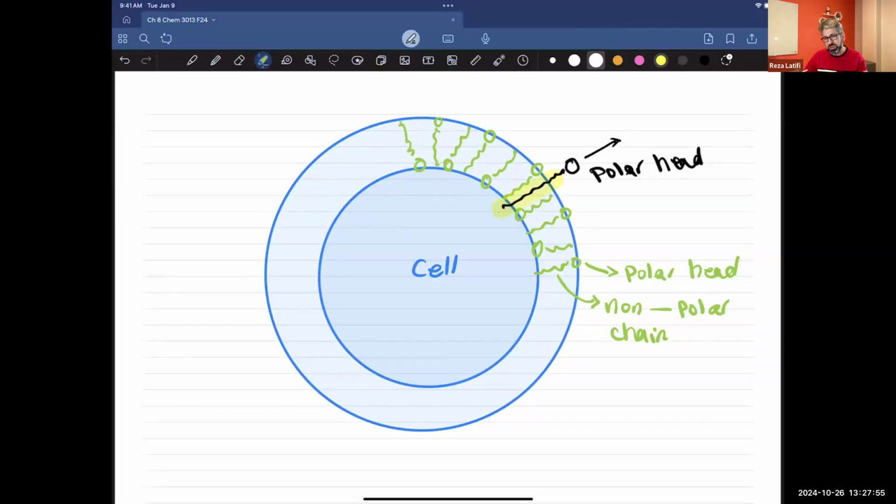Very soon, you will dissolve the grease. You pull them, you dissolve them, and you open a pathway. And now when you have a pathway, some of the cell components go out, or we can have white blood cells come inside the cell and go after it, and they can decompose the bacteria.